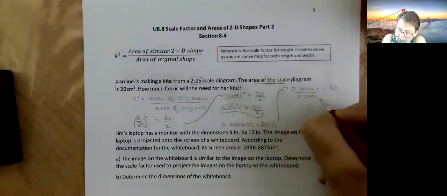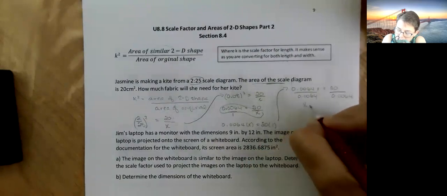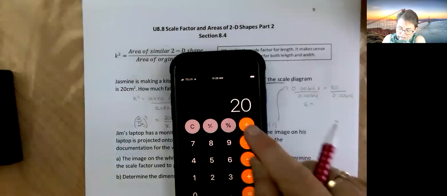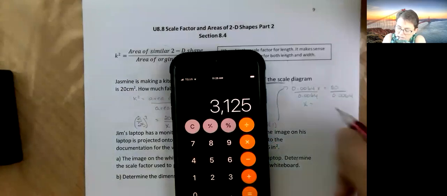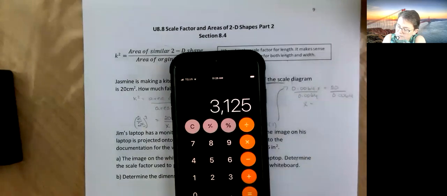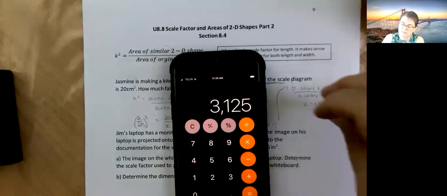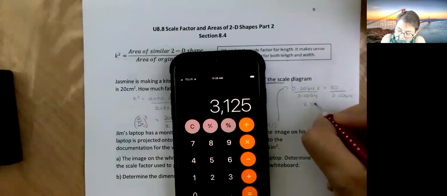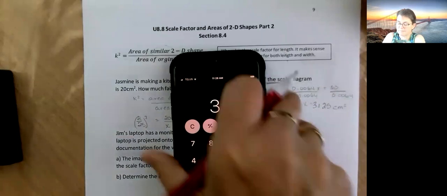We're going to divide that out. 20 divided by 0.0064. Woohoo! You're staring at it, and I'm still writing it backwards. 3125 centimeters squared.